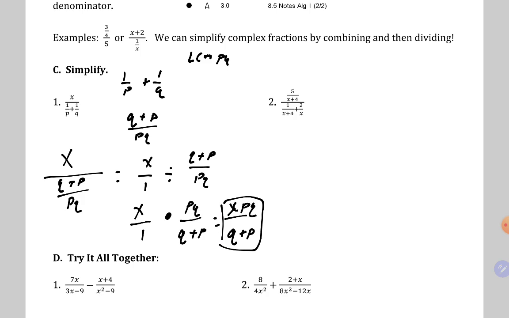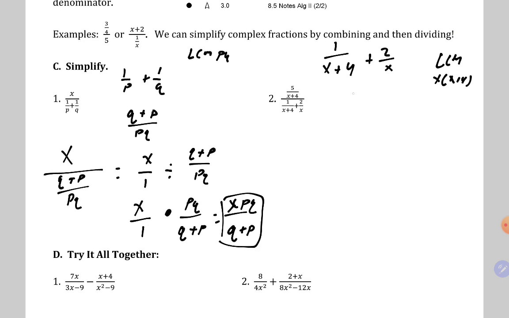Number 2. Gotta change the denominator, so we're looking at 1 over x plus 4 plus 2 over x. Lowest common multiple of the denominators is x times the quantity x plus 4.